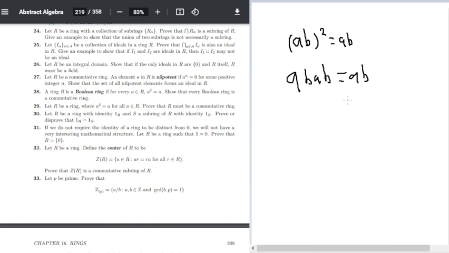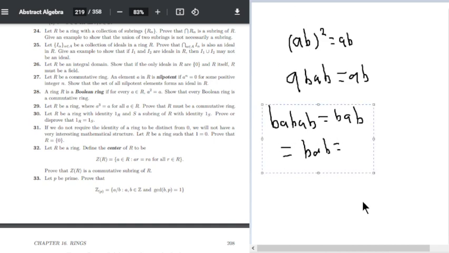We multiply on the left by B. So we have B, A, B, A, B is equal to B, A, B. So this is equal to, because of idempotence, B, A, B is equal to... Alright, wait, I'm doing this wrong.